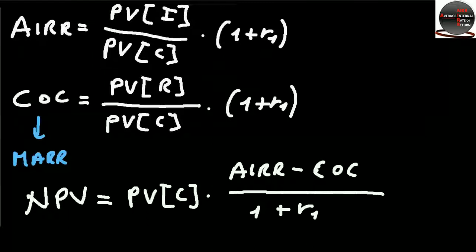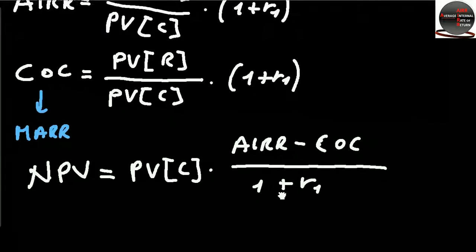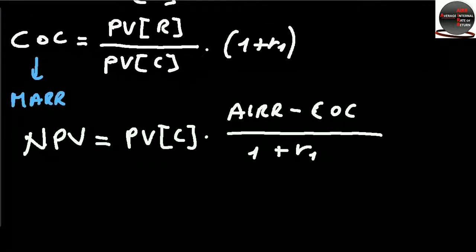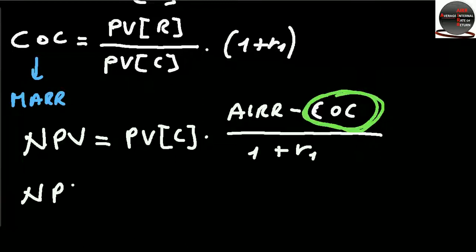Now, from this relation, we can reverse engineer the relation and find the cost of capital, the minimum attractive rate of return. Now it's rather simple. Just make the simple passages.